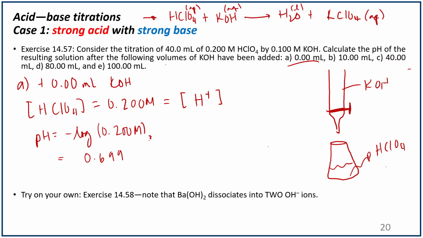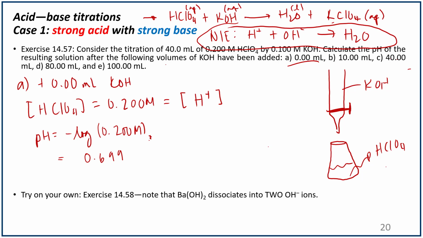So the net ionic equation that we're going to use is actually H plus, okay, plus OH minus going to H2O.